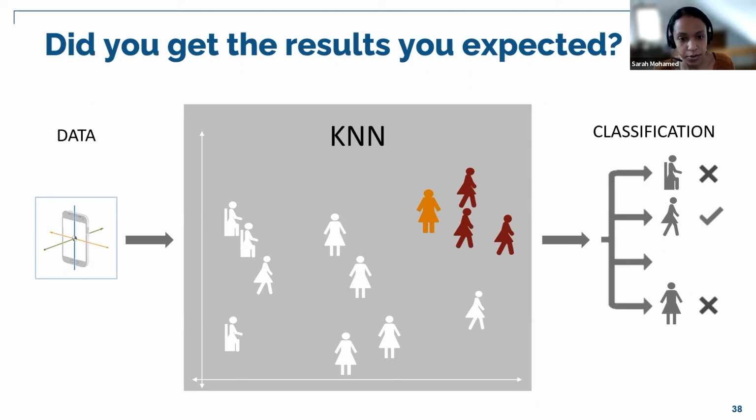So in the code, we were using k equals 10 neighbors, but perhaps you could try to fine tune that or fine tune other parameters in the model to get a slightly better result. Or perhaps it's the case that the training data doesn't have very good coverage of the different ways that many different people move. So let us know in the chat window how the results looked for you.